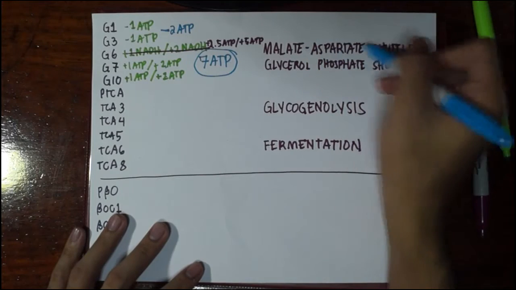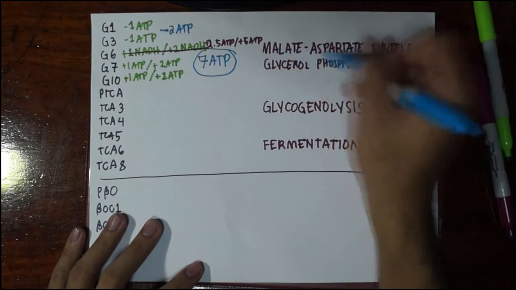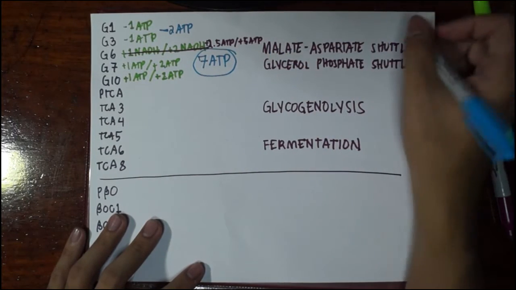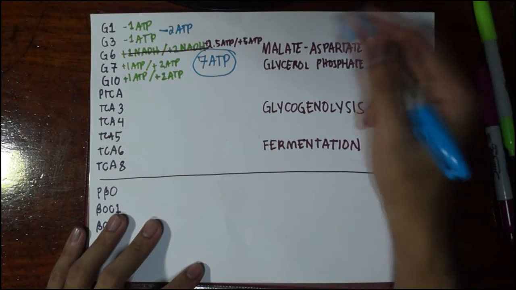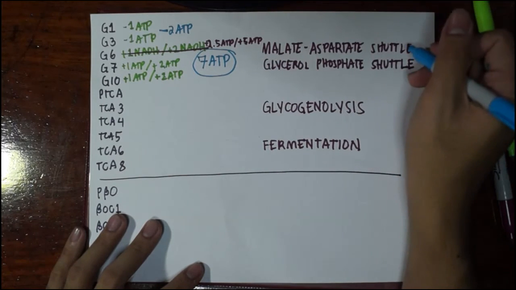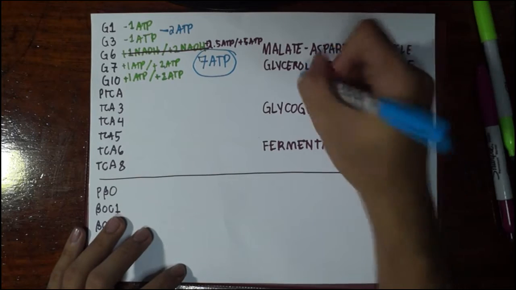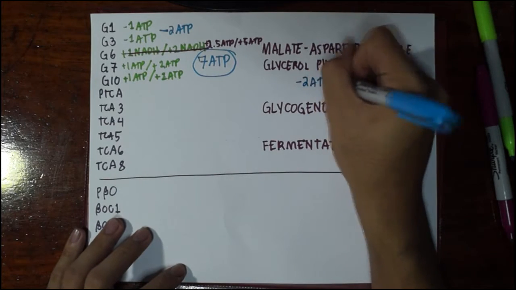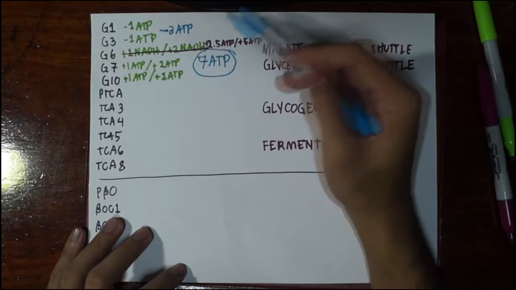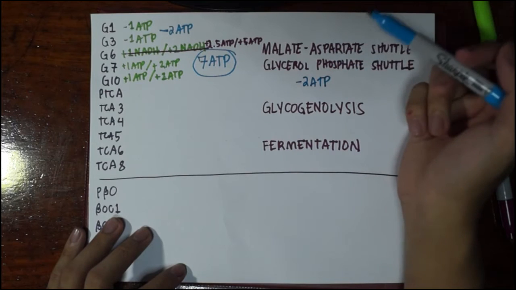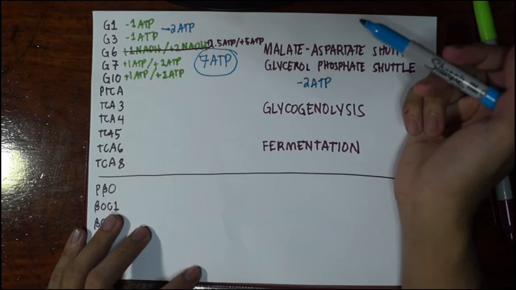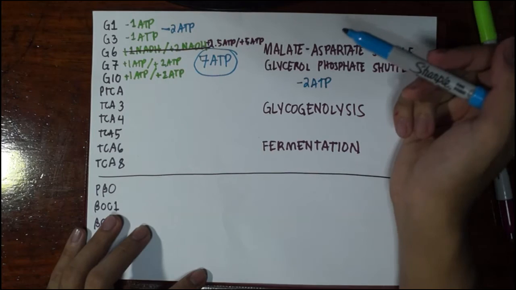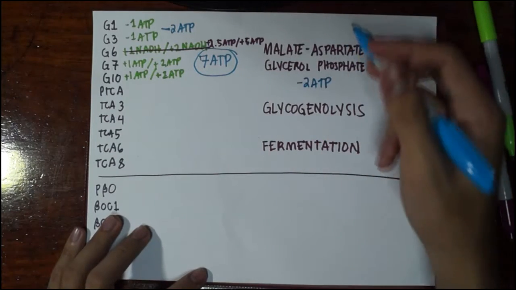But there are 2 shuttles by which NADH can enter the mitochondrion. First is the malate aspartate shuttle, and this is a beneficial shuttle because it requires no ATP. However, the glycerol phosphate shuttle would require 2 ATP from the NADH in order for it to come in. It's as if it's a jeepney requiring a particular fare from the NADH in order for it to get inside the mitochondrion.